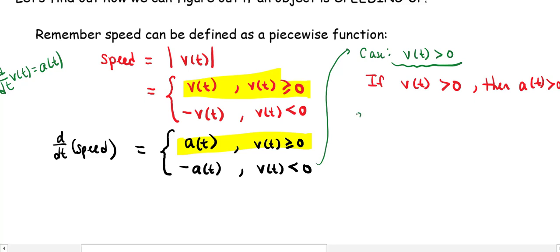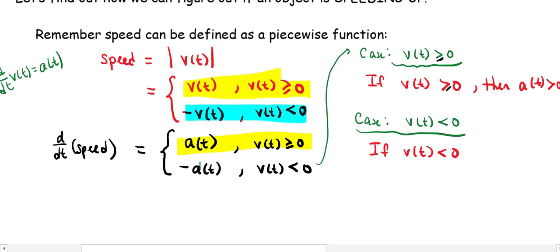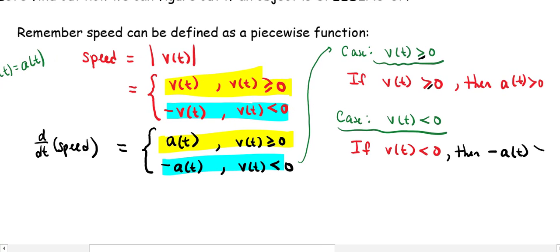Now there's also a second case when the velocity is less than 0. By the way, I forgot the equal sign here, sorry, it doesn't really matter. If the velocity is less than 0, so I'm talking about this situation here, then the negative acceleration should also be bigger than 0, because speeding up means that the derivative is positive.